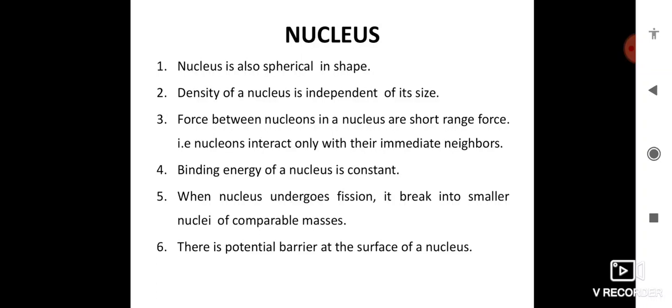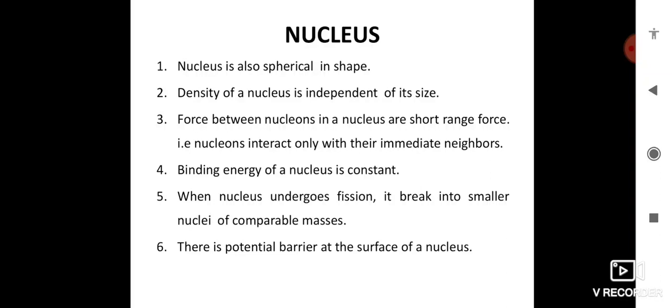In the case of a liquid drop, the intermolecular force exists. In the case of a nucleus, the nucleon interaction between proton and neutron exists. In both cases, short range force appears. In a liquid drop, latent heat of vaporization is present, and in a nucleus, the binding energy is constant.